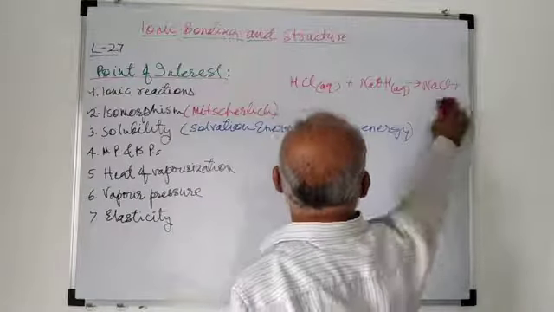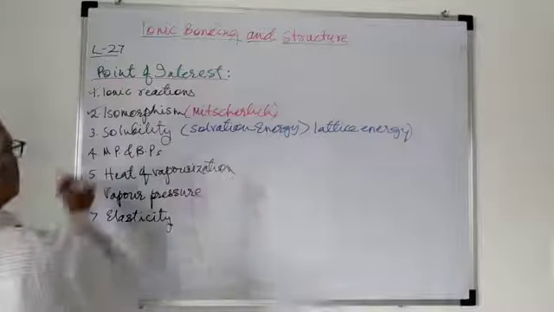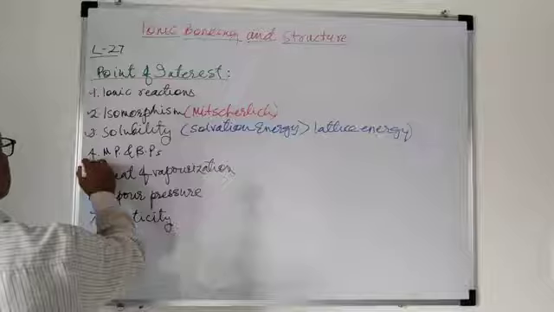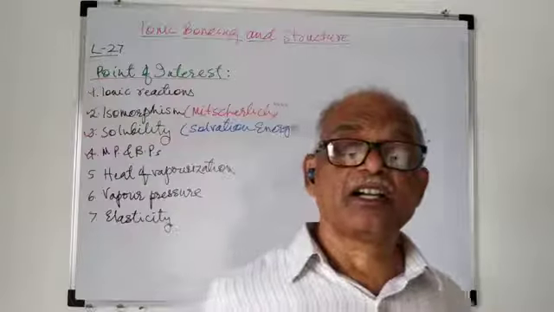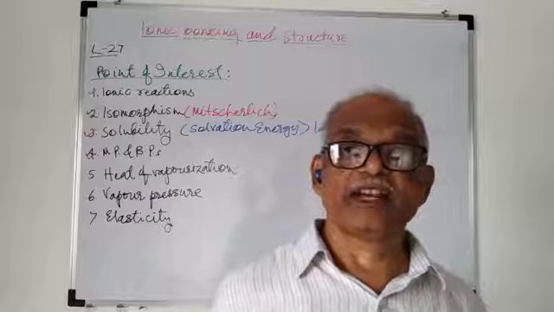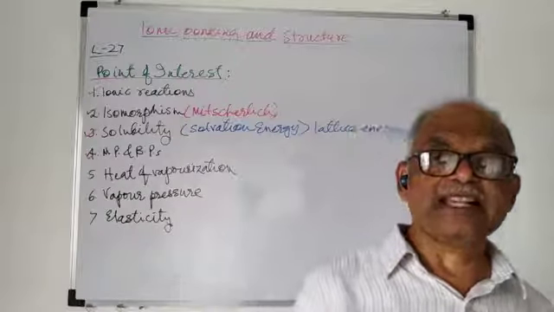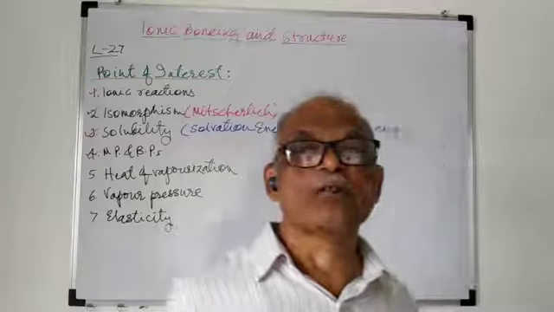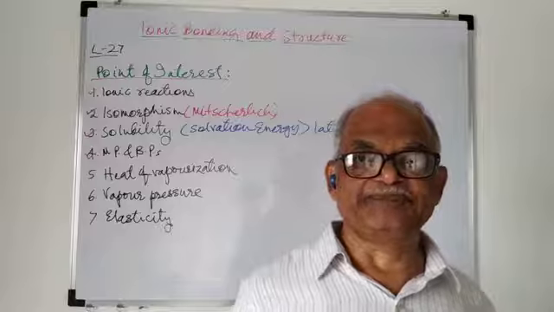Now we will see the next property, that is melting points and boiling points. We know that the ionic bond existing in the ionic solid is very strong, and in order to melt that solid or boil that solid, it requires a very high amount of energy.